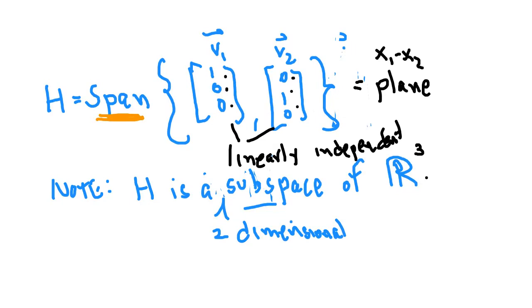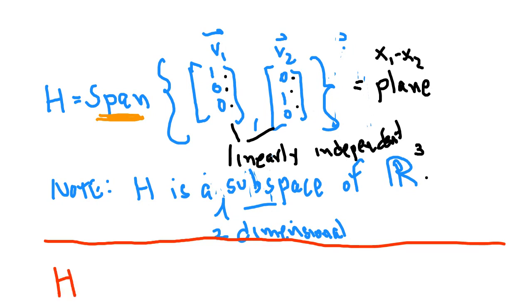Now let's do another space here. All right, well, it's good we did that. But let's say you had this set of vectors.